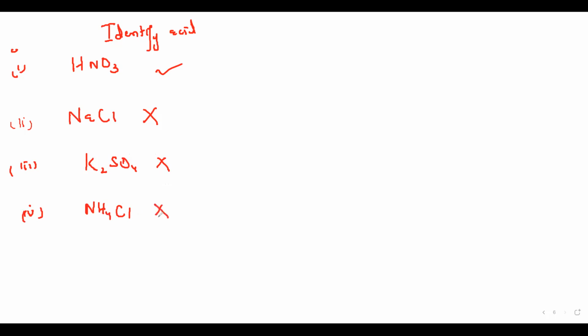That's why it is not an acid. HCl. Is this an acid? Yes. And H2SO4, sulfuric acid. So it's easy to identify a substance which gives a proton or has hydrogen.